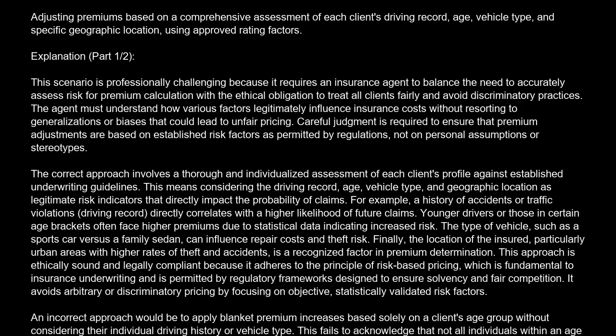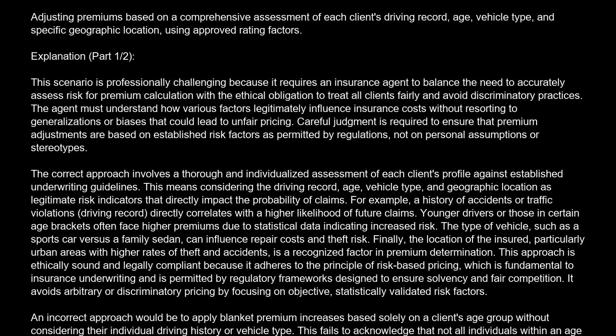Younger drivers or those in certain age brackets often face higher premiums due to statistical data indicating increased risk. The type of vehicle, such as a sports car versus a family sedan, can influence repair costs and theft risk. Finally, the location of the insured, particularly urban areas with higher rates of theft and accidents, is a recognized factor in premium determination.